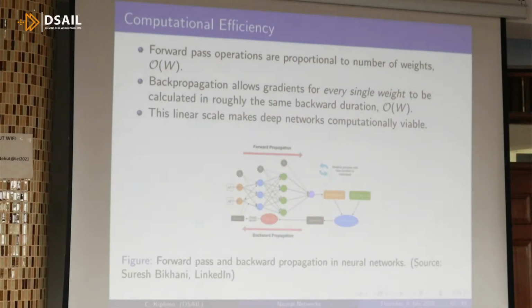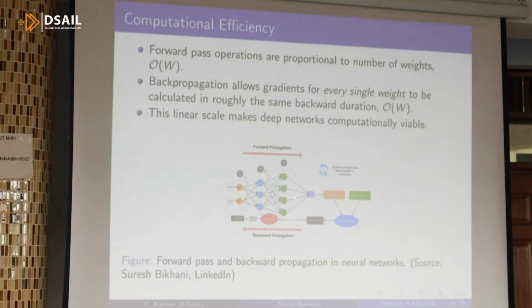So basically, this is a summation of how neural networks work. You make a forward pass. You compute the error between the predictions and the true values using the loss function. And then using the loss function, you can go backwards with back propagation.